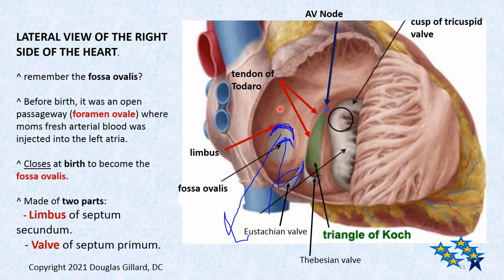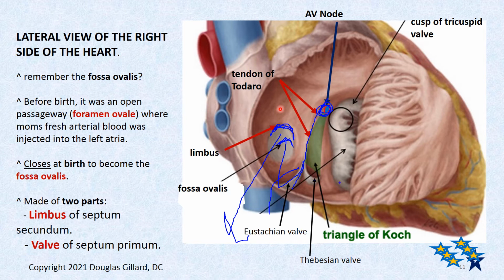Why do we even care about that? Because the eustachian valve morphs into this mountain range called the tendon of Todaro, and at the tip of the end of the tendon of Todaro is where the AV node is. Cardiac electrophysiologists use this as a landmark to find where the AV node is.